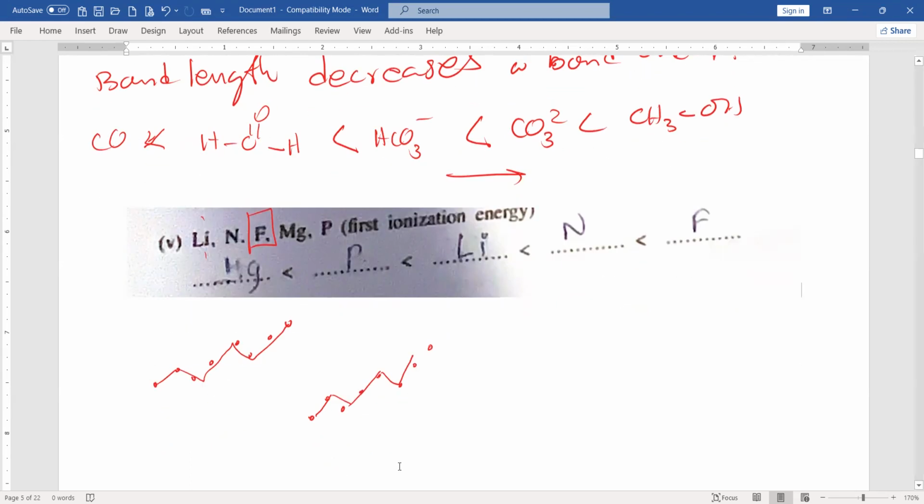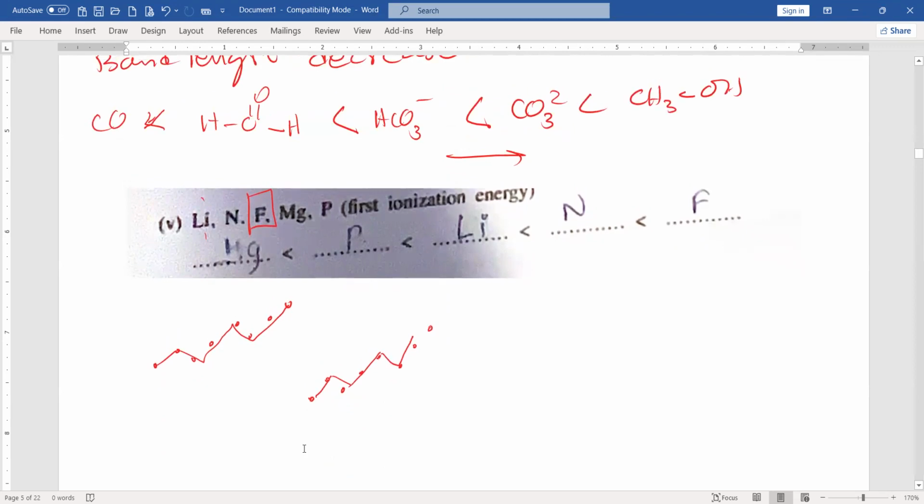Now you can write the elements in their relative positions: lithium, then no beryllium, no sodium, but we have magnesium. Then magnesium, aluminium, silicon, phosphorus. And here sulfur.